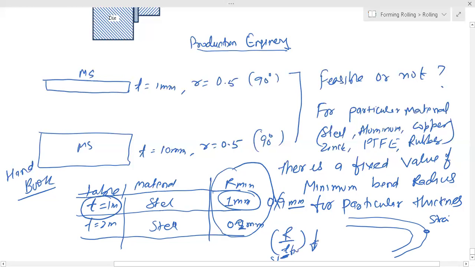This T is fixed, try to understand, concentrate. So R you are decreasing, you are stretching the outer fiber, and there is a particular value of R, that is the minimum value at which this fails. That minimum value we call minimum bend radius.